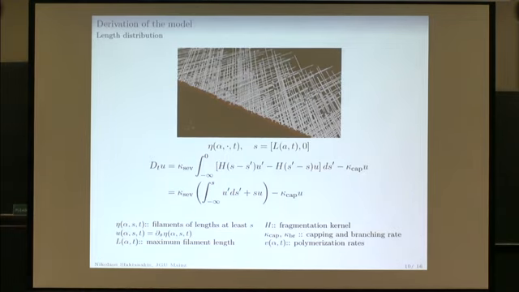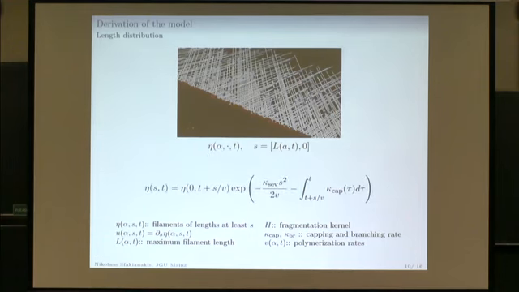If you write these things down in this way, you can easily solve with respect to eta, and you can get out that the distribution of the lengths of filaments is an exponential one, starting from a value that is given on the boundary, and as an exponential it dies out as you go into the lamellipodium.